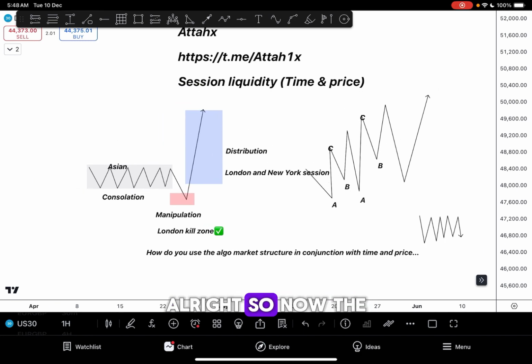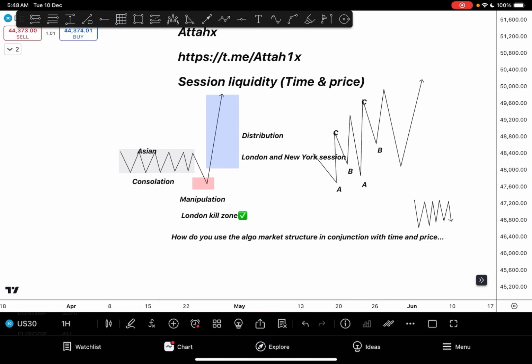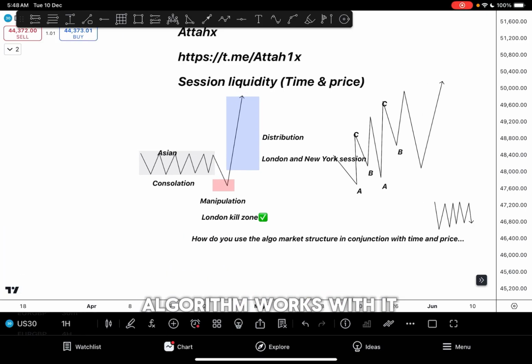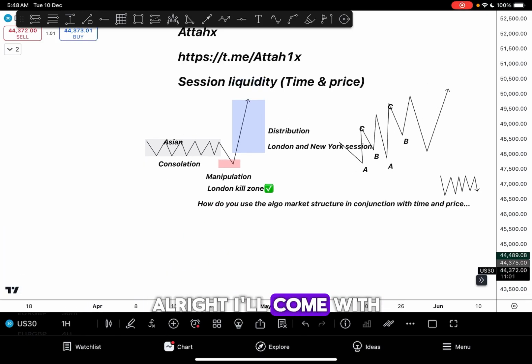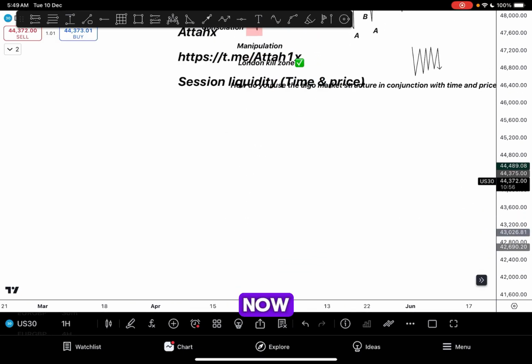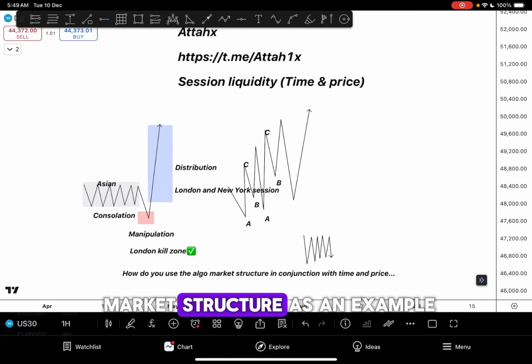All right, so now the real question is, how do I use this session liquidity? And I told you the session liquidity is under internal. Why is it under internal? And how does the algorithm work with it? All right, I'll go with you till here. Now, let's use the algo market structure as an example.